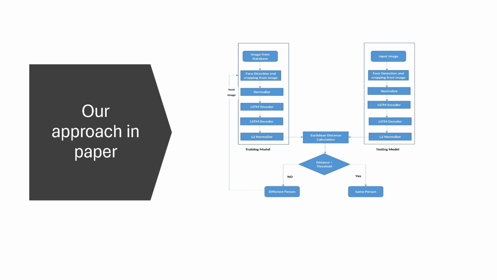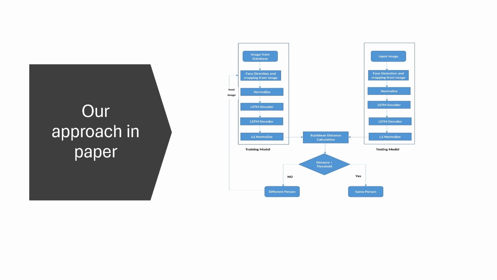After we have followed all these steps and prepared a training model, we will have a testing model. This means we'll test this model on different unknown images which are not present in the database right now.